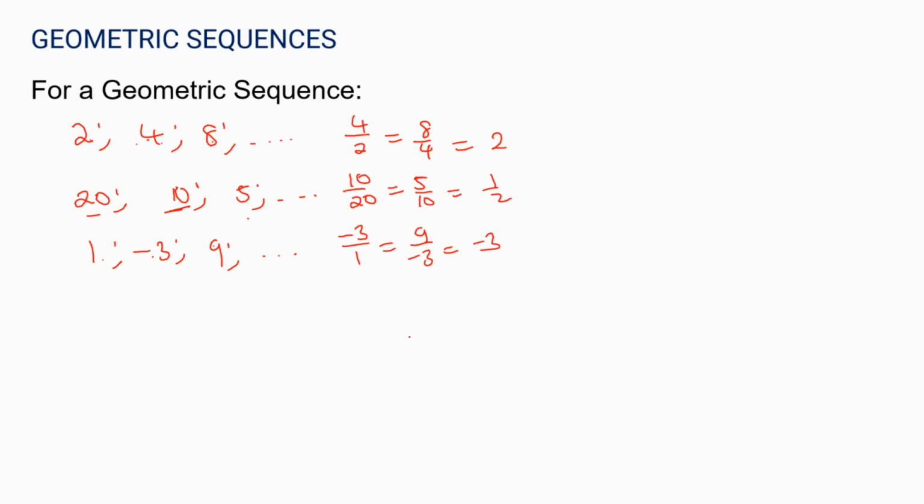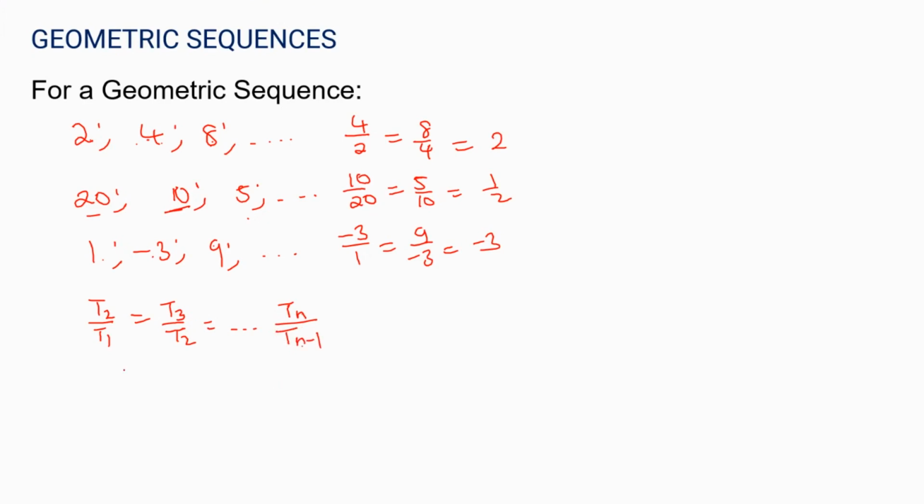So we can conclude and say that for a geometric sequence, T2 divided by T1 is equal to T3 divided by T2 is equal to T4 divided by T3 is equal to T5 divided by T4. It goes on like that till we get to Tn divided by Tn minus 1.